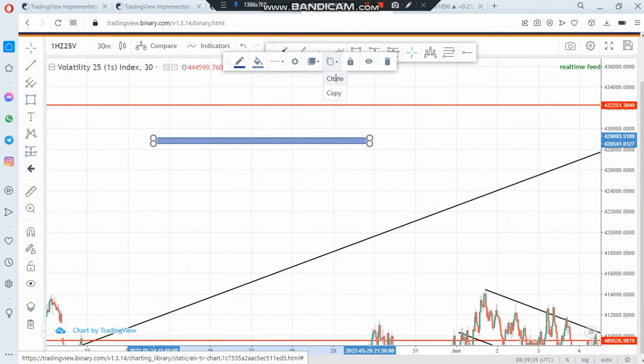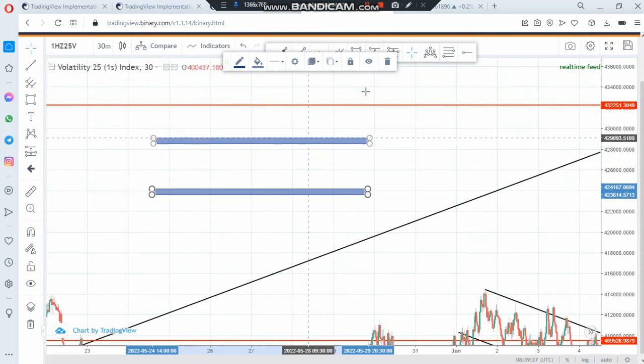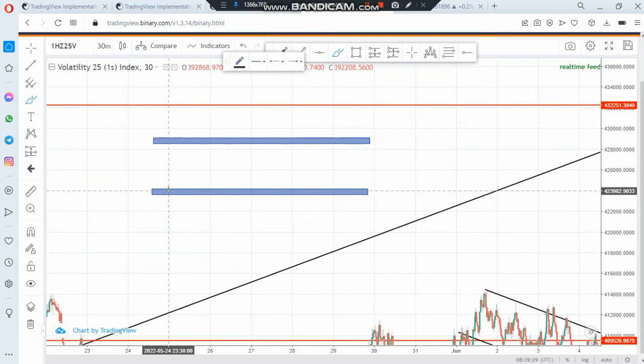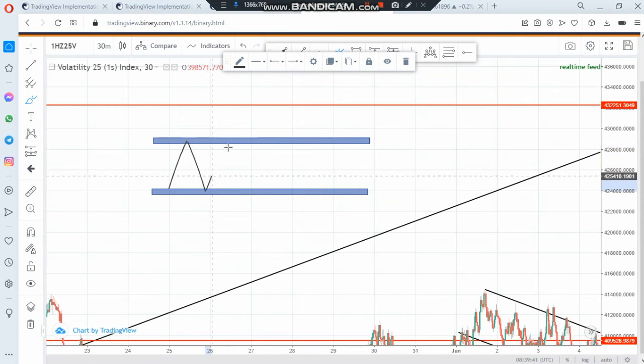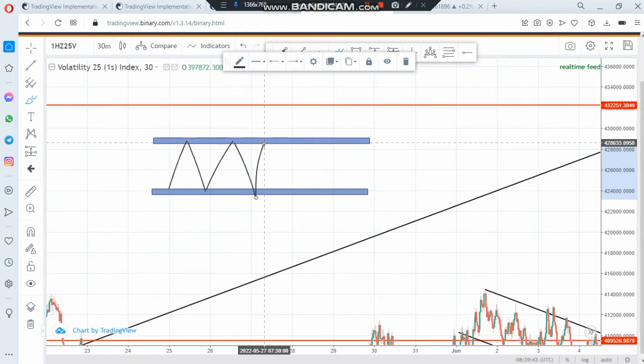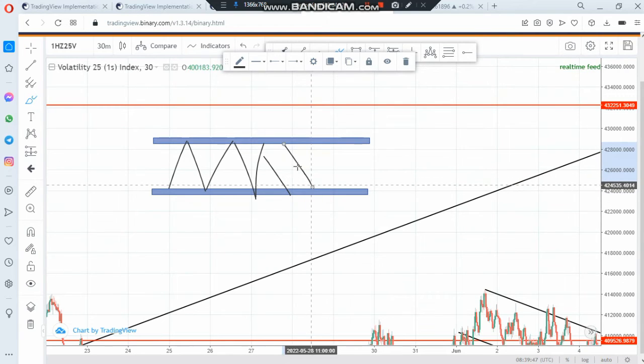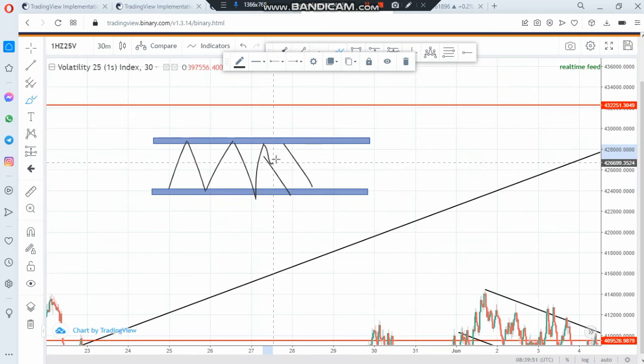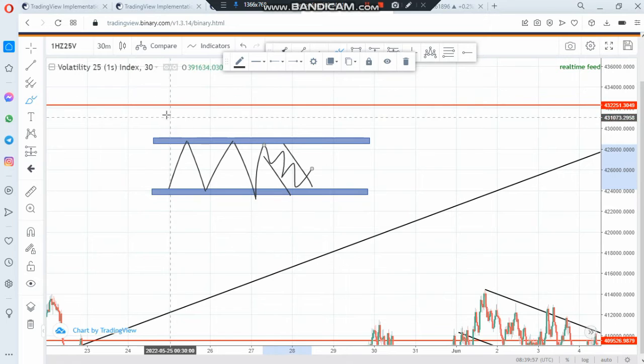If you have something like this, guys, let's say price was touching here, going below, doing this, then eventually you see a trend here. Let's say a trend is doing this, then it broke, then you have this.